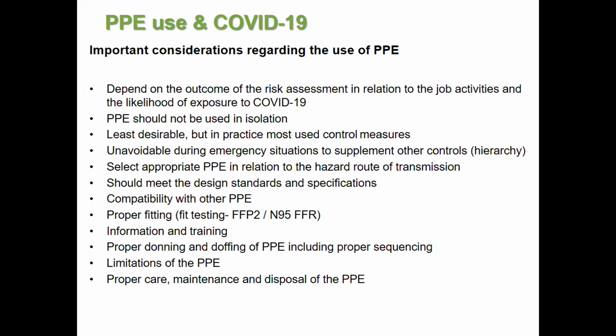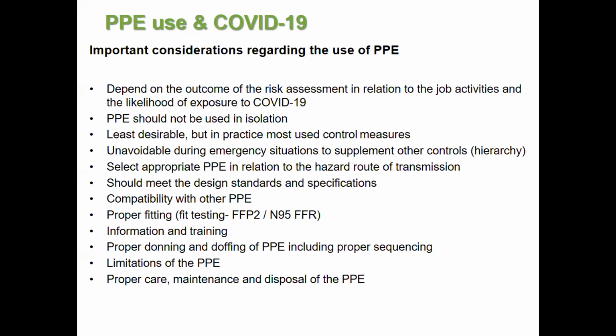We also need to talk about the limitations, because we cannot rely fully on respirators or other PPE, because, like any other control measures, they have their own shortcomings. For example, I can give the difference between FFP2 and N95. They are equivalent. One filters 94% of particles and the other 95%. You can see that they don't filter particles 100%.